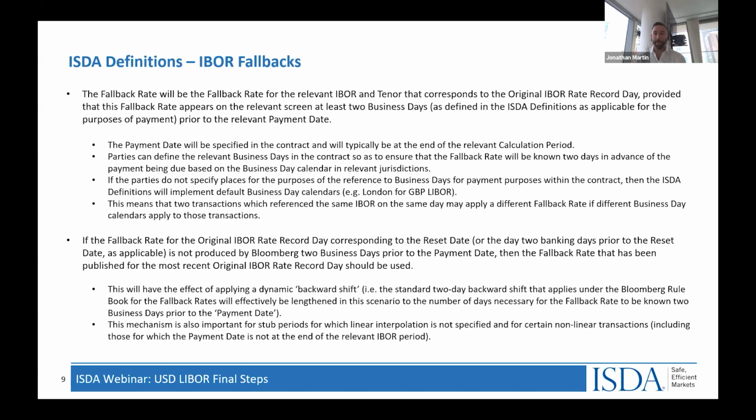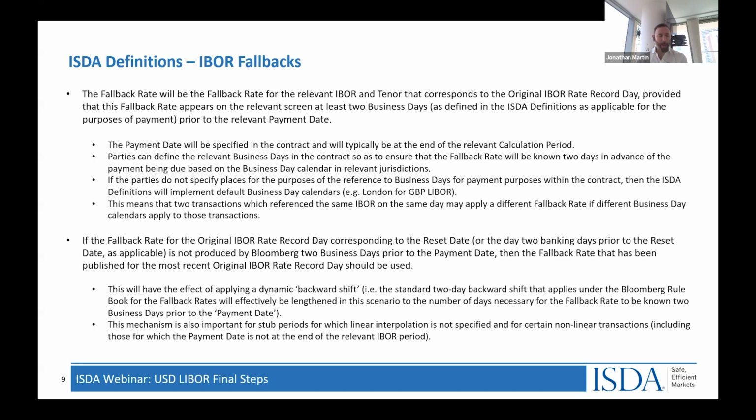For example, if there is a bank holiday around the accrual end date, then that won't be possible. So this cutoff basically has the same effect of dynamically increasing that offset lag by a number of days, to ensure that you always have a rate available on your fallback observation date. So that's basically how it works.